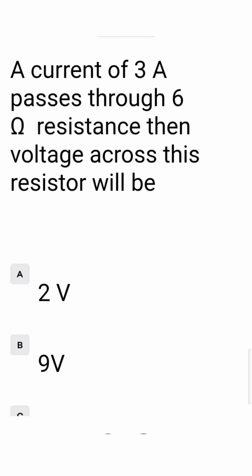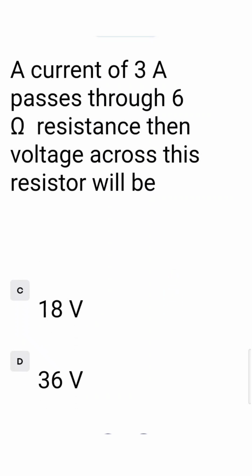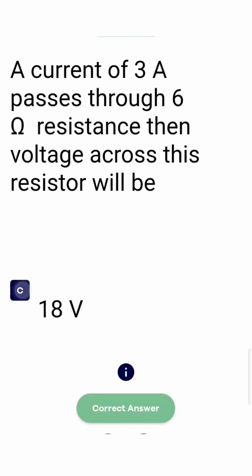So voltage is 18 volt. Option A: 2 volt. Option B: 9 volt. Option C: 18 volt. Option D: 36 volt. So the correct option is C, where it is written 18 volt. So we tick option C.